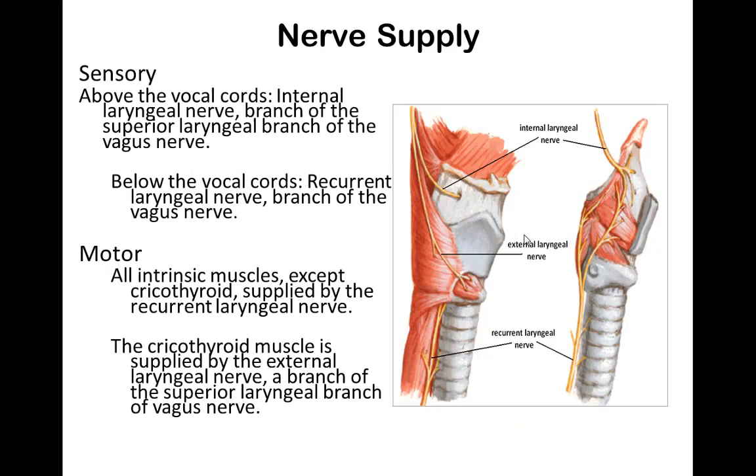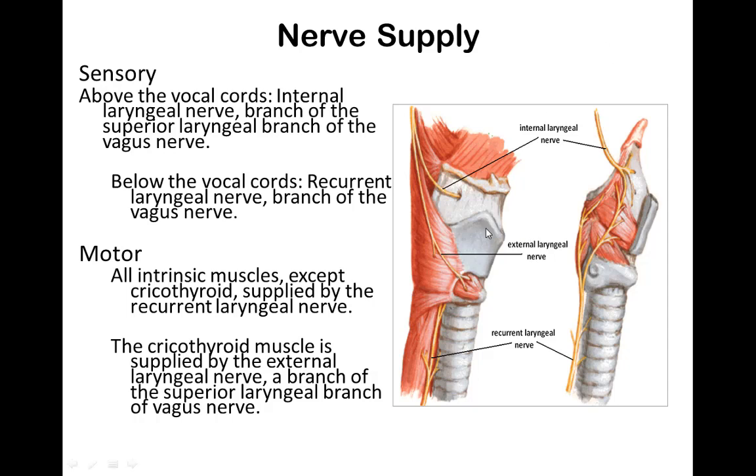The nerve supply, so sensory innervation above the vocal cord is by the internal laryngeal nerve, which branches from the superior laryngeal branch of the vagus, and below the cord is by the recurrent laryngeal, which also branches from the vagus nerve.